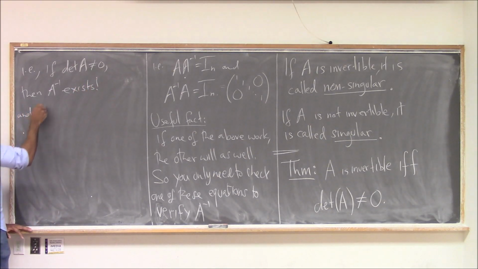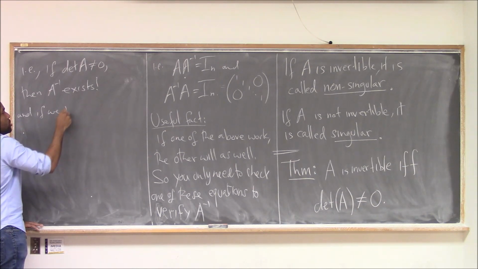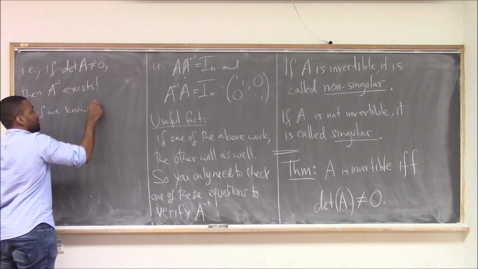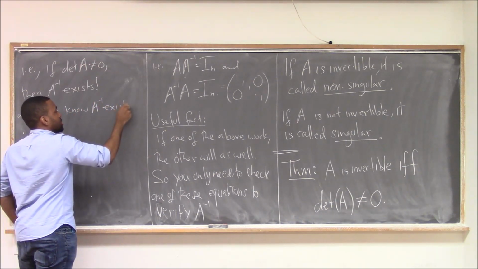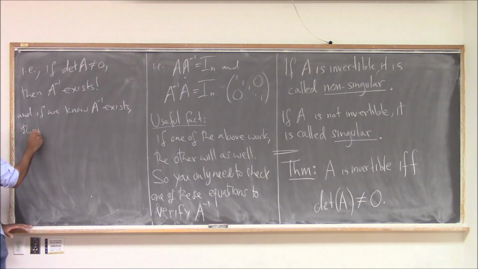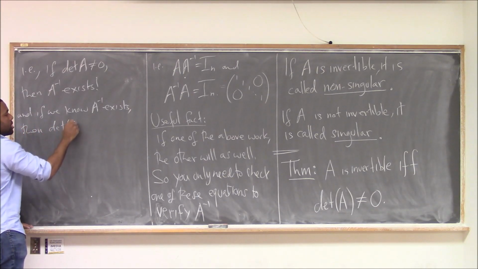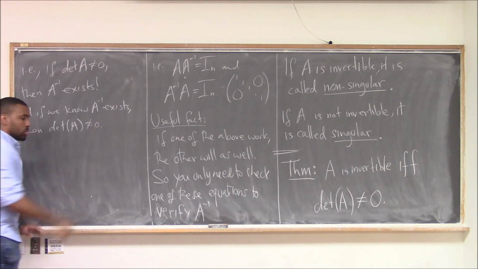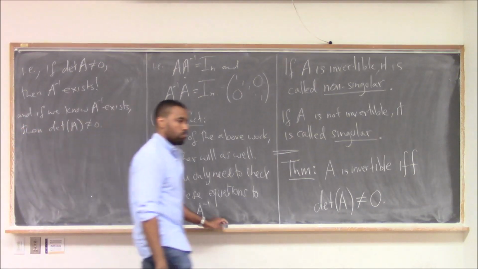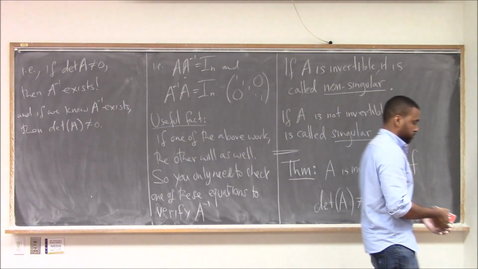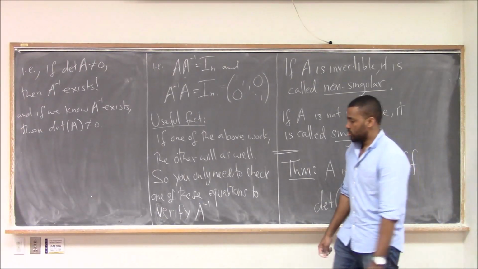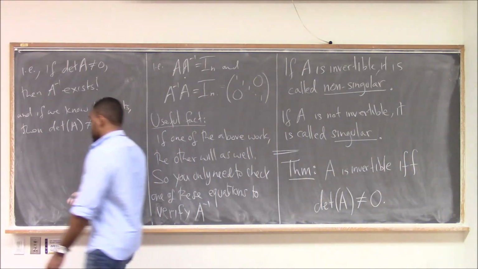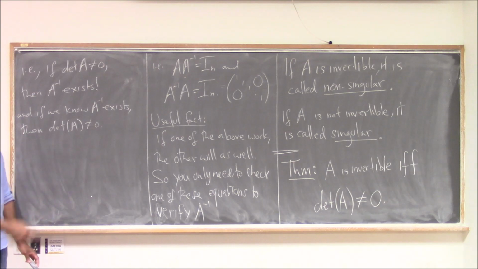Then A inverse exists. And if we know A inverse exists, then that must mean the determinant of A is not 0. I know the determinant has to be non-zero. Which now, Cramer's rule makes sense when you think about it with the other theorem I told you about, with the solutions to a system of equations, right?